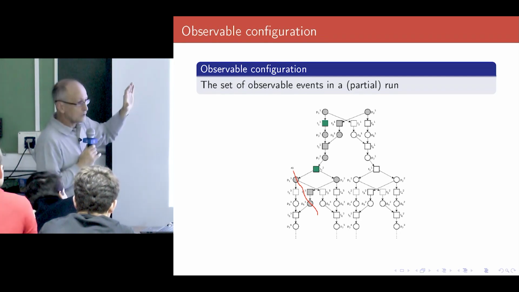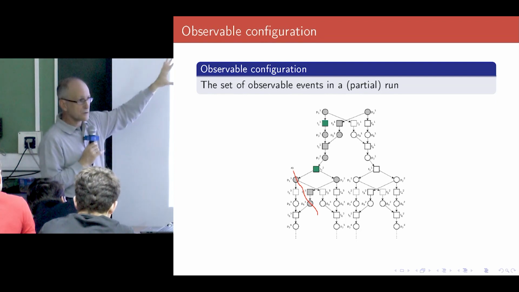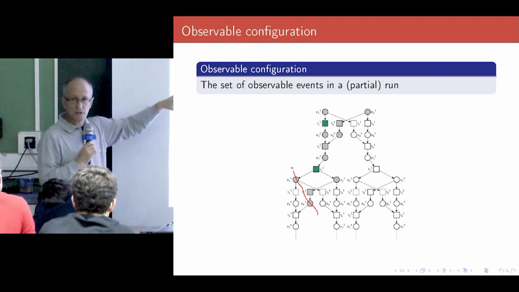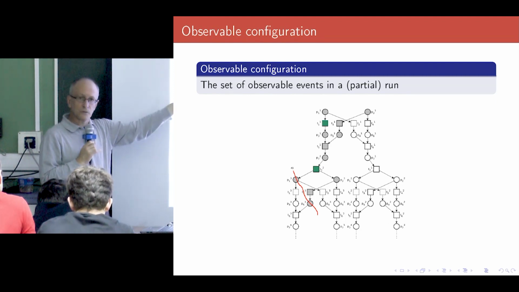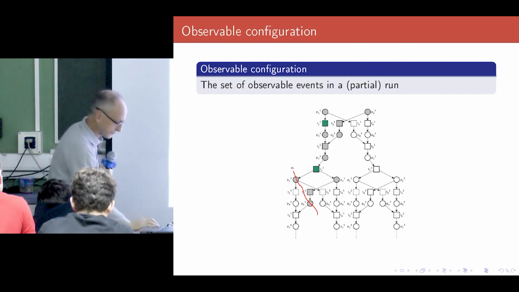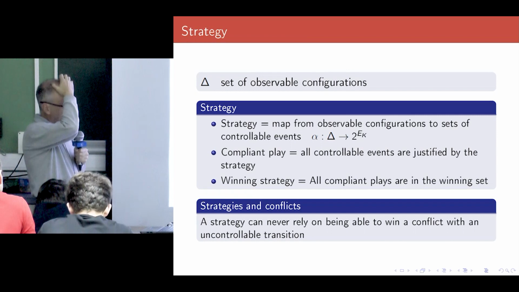So we can think to define a strategy as something that, on the basis of an observable configuration, decides what to do next, what controllable transition to use. And so this is the formal definition.